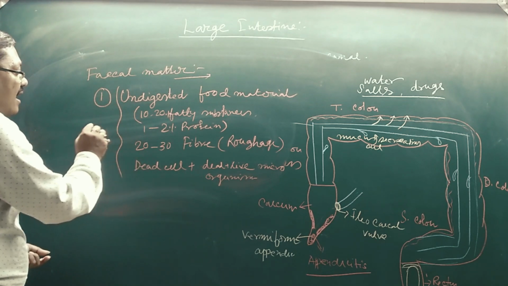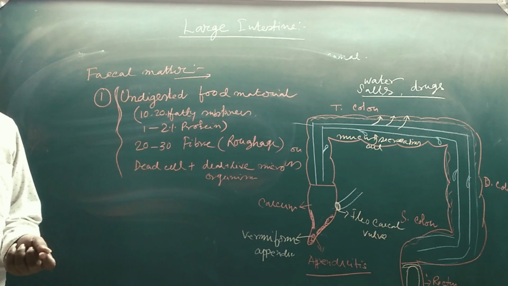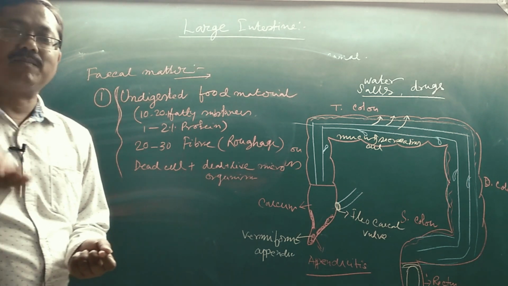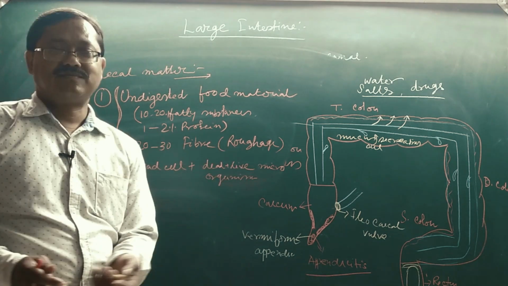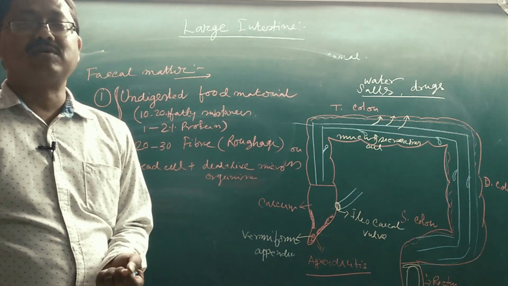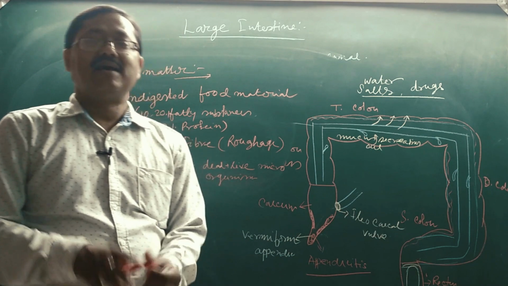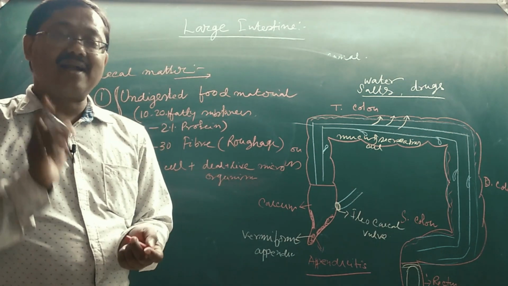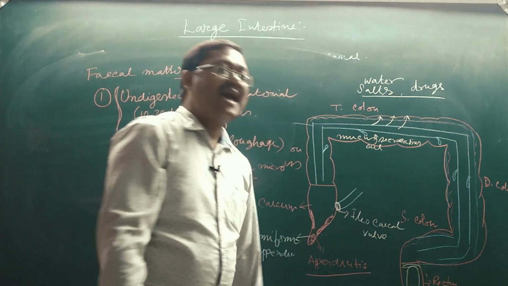When the fecal matter is very dry, when the water intake of our body is very minimal and we take very little roughage, that is fiber-containing food, then the fecal matter becomes hard and cannot be easily evacuated through the anus.